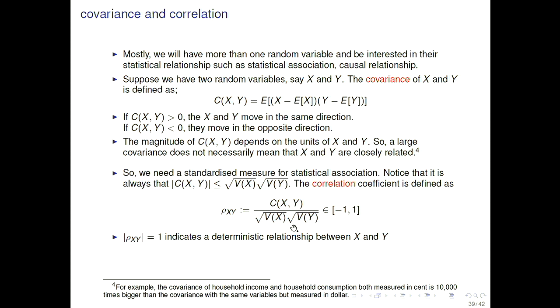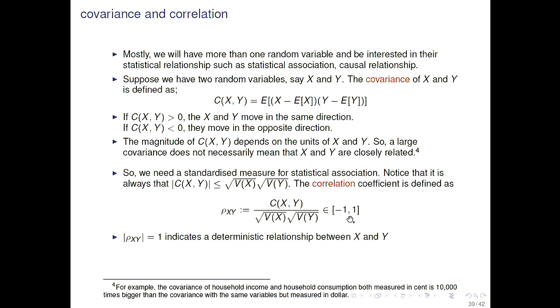The formula looks like this, and this formula comes from this relationship. Covariance in absolute value cannot be greater than the product of the two standard deviations. So we divide the covariance by the product of standard deviations, then this ratio cannot be greater than 1 in absolute value. So it has to be between -1 and +1.